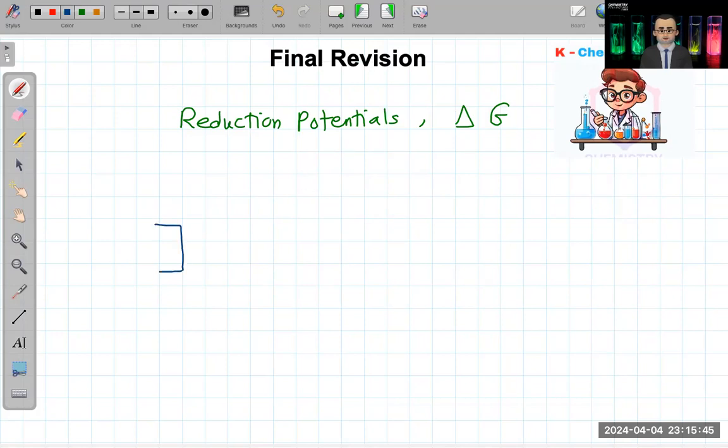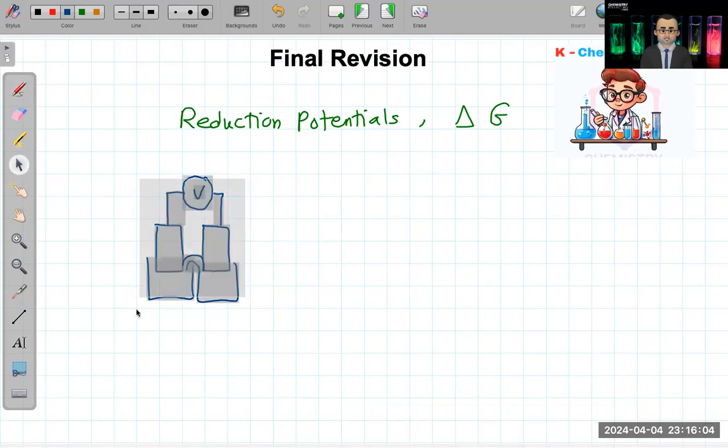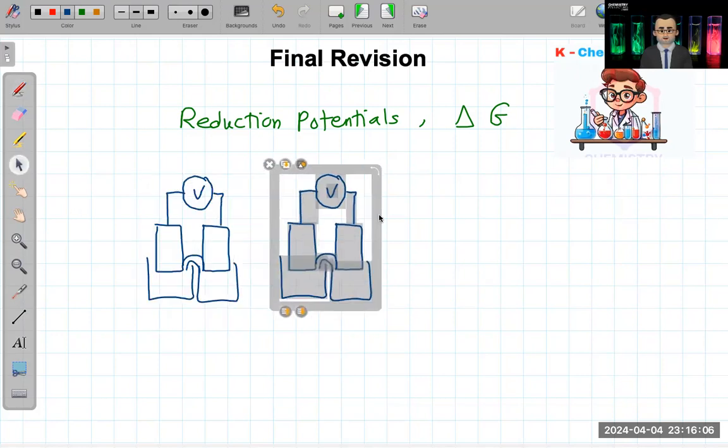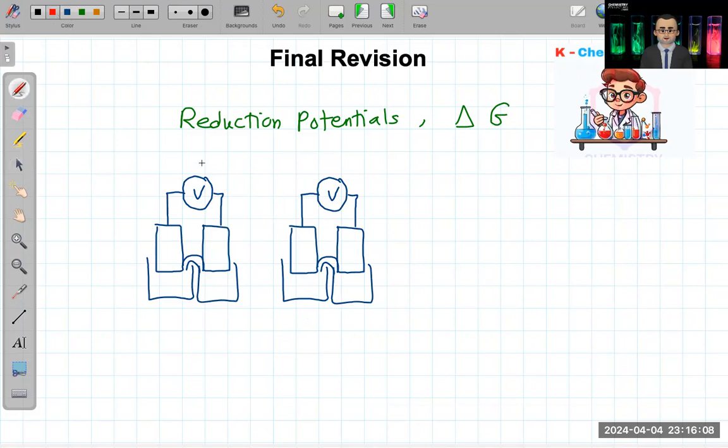Sometimes, when you put two metals in their solutions and connect them with a salt bridge and put a voltmeter here, the reaction occurs and the current flows. And sometimes when you put two metals, the reaction does not happen, and it's unfavorable. And we used to say this is spontaneous, and this is non-spontaneous, if you remember.